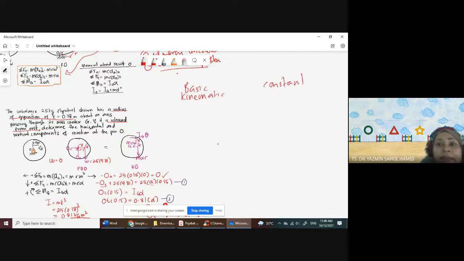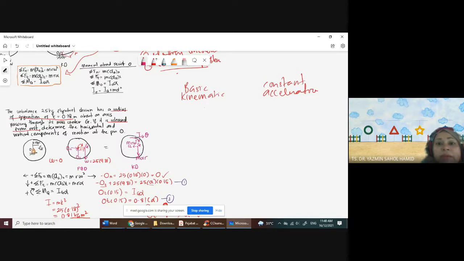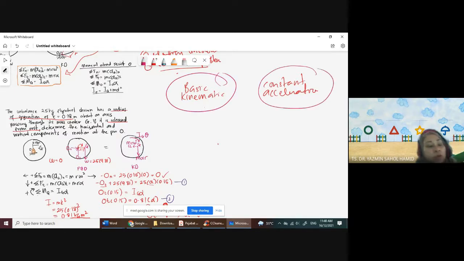You remember that? Banyak kali dah pesan. So basically we may still sometimes need to use basic kinematic equation and constant acceleration to solve these questions together. And you remember kan, omega equals d theta over dt, alpha equals d omega over dt, and alpha d theta equals omega d omega.